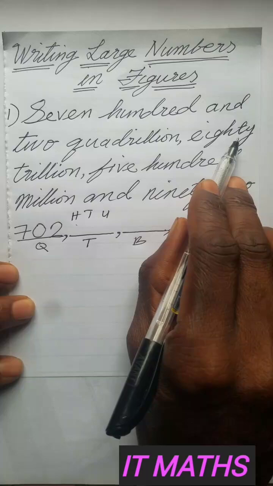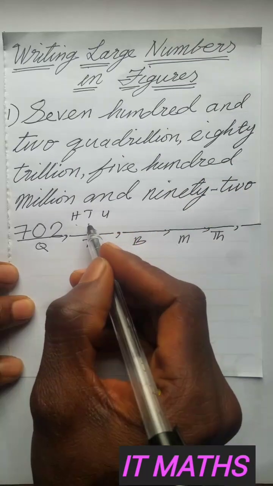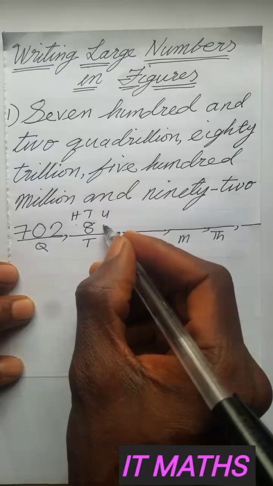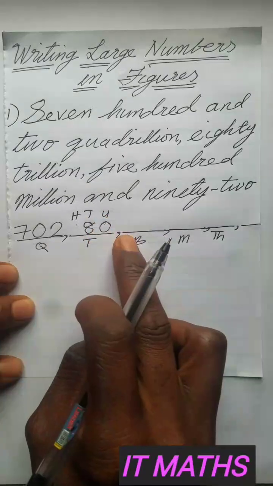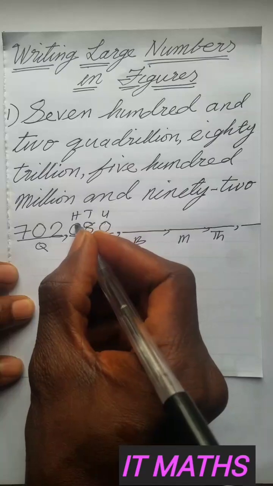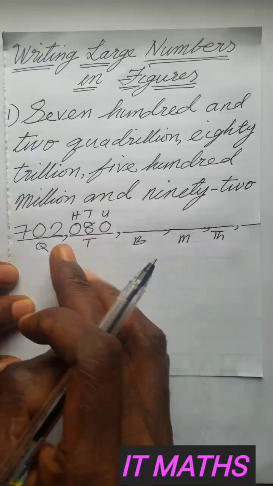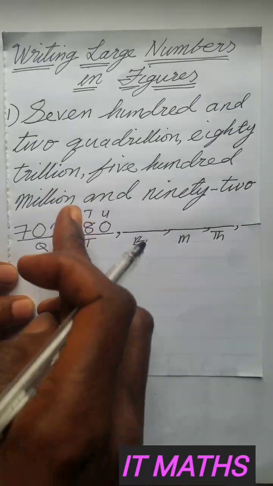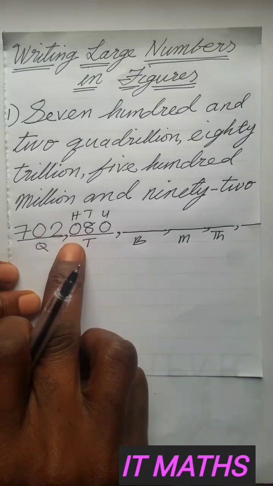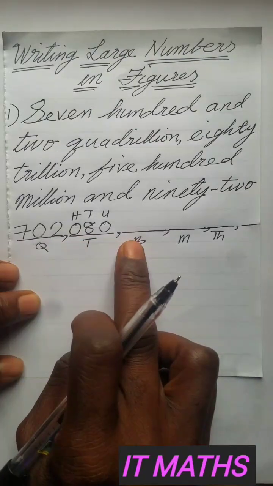You know, numbers that end in T are always the tens family, so we put 8 under tens and then 0. That's how we write our normal 80. Now notice there is no 100, so you must put a 0 to indicate that there is no 100, but yet there is a place value there. It's just that a number other than 0 is not mentioned.